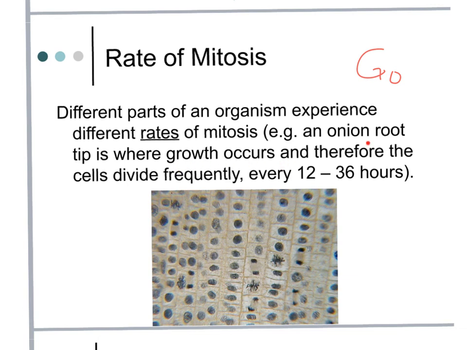So these root tips are stretching out, they're trying to acquire more resources in the ground, and that's where the growth is primarily occurring. And so those cells will divide very frequently. This is in contrast maybe to other parts of the onion that aren't actively trying to grow, and so they will experience mitosis at a much slower rate.